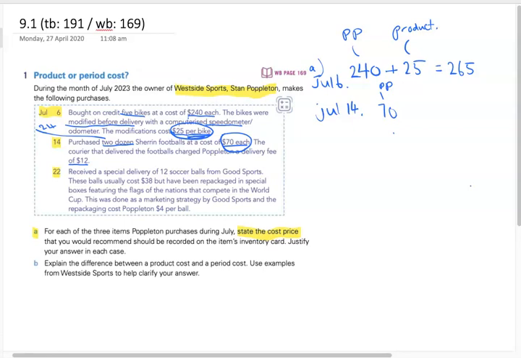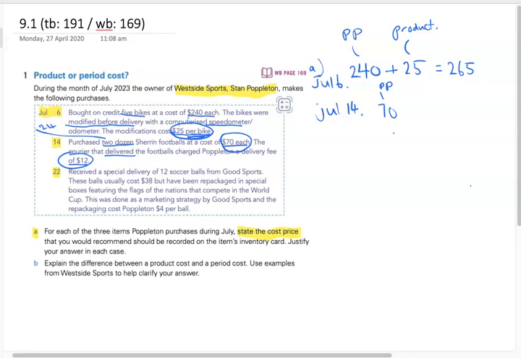No. So the modification, the condition ready for sale hasn't changed. But we were charged a delivery fee. And this is important in terms of getting the footballs into the location ready for sale. So we do have $12 that we need to think about.